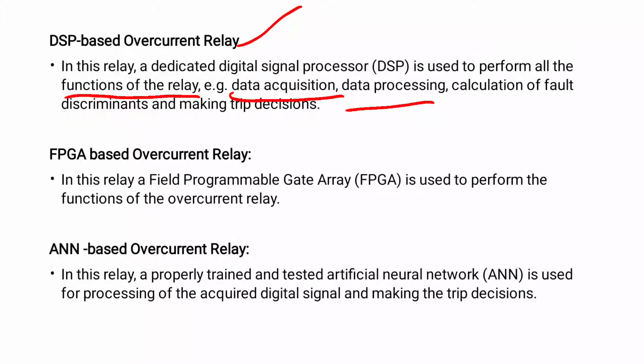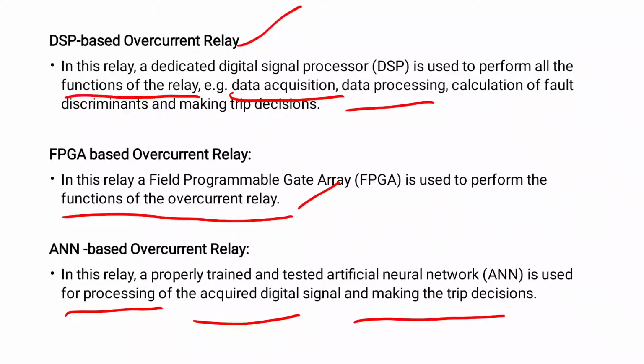In this relay, a field programmable gate array is used to perform the functions of the overcurrent relay. ANN based overcurrent relay. In this relay, a properly trained and tested artificial neural network is used for processing of the acquired digital signal and making the trip signal.